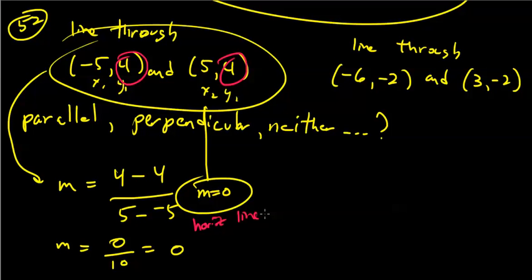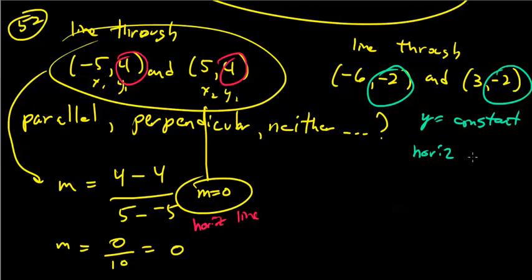So you may not have needed to compute the slope from first principles if you spotted those y coordinates are the same. And notice we've got a similar situation in this second set of coordinates. Y is constant across those 2 points. And if y is constant, that means you've got a horizontal line. And if you've got a horizontal line, the slope is 0.